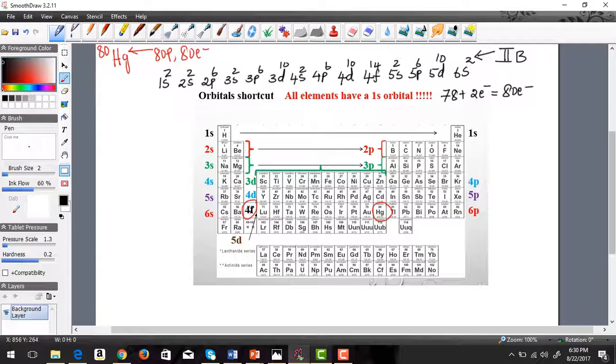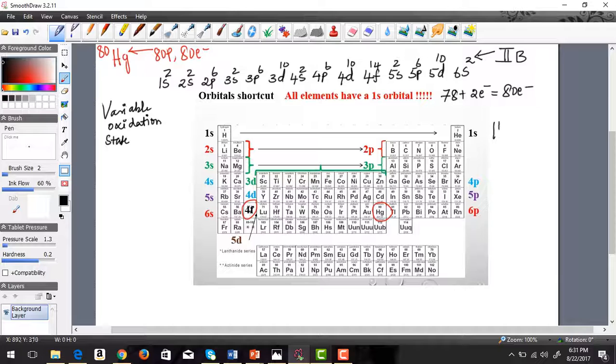Now, transition metals have variable oxidation states. I think I've mentioned this earlier, but I'm going to mention it one more time, which is why we use Roman numerals as we'll start to name these compounds in future videos. Variable oxidation state means they don't have a fixed number. So we have a 2B, right?